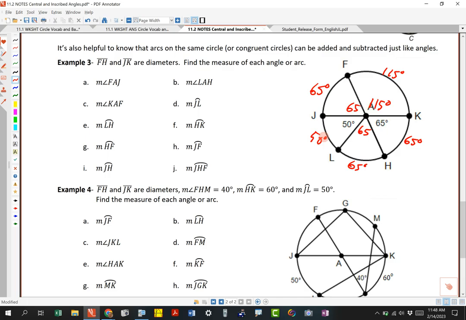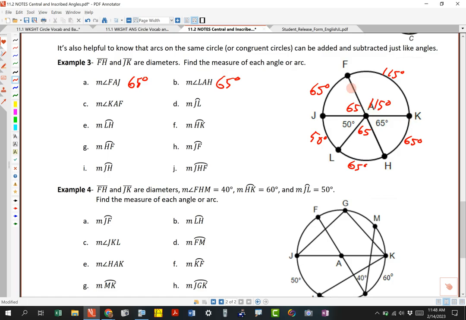Okay, remember we started with, if you know some information about circles, you can fill in a whole bunch of stuff. So the angle FAJ, 65 degrees. LAH, also 65 degrees. Another angle, KAF.